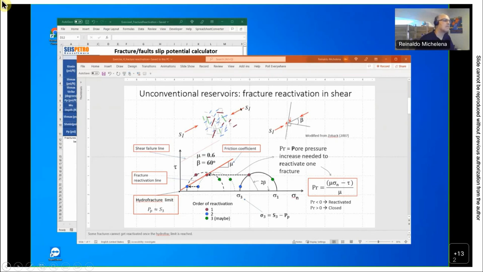The green fractures tend to be perpendicular or quasi-perpendicular to the maximum horizontal stress. And then these are purple fractures that have a certain angle, maybe around 30, 25, 35.